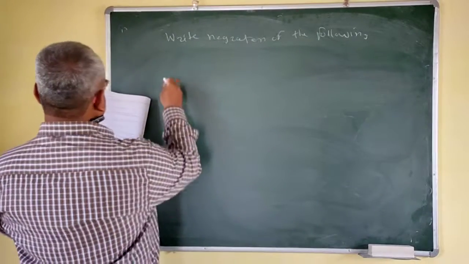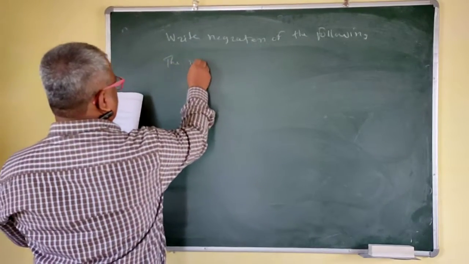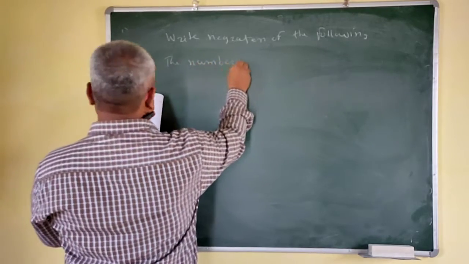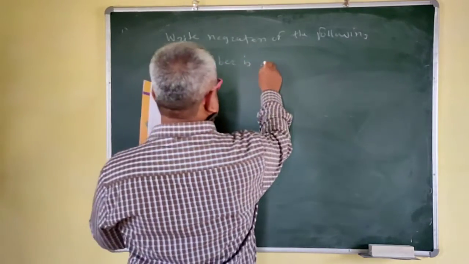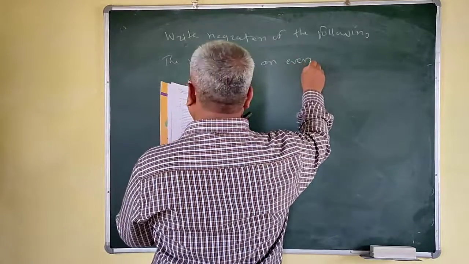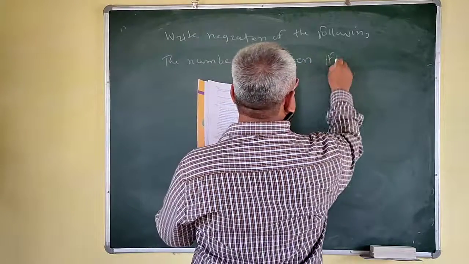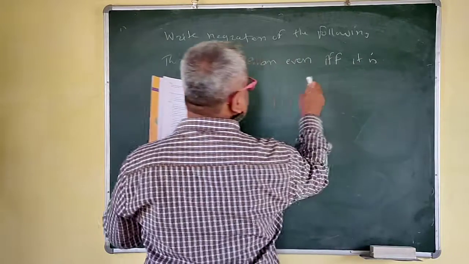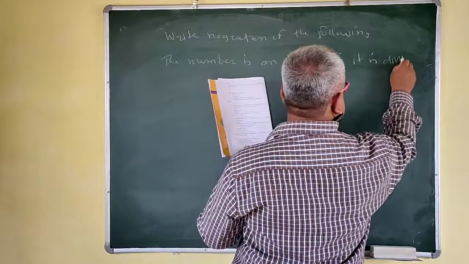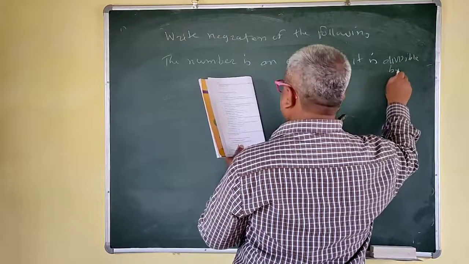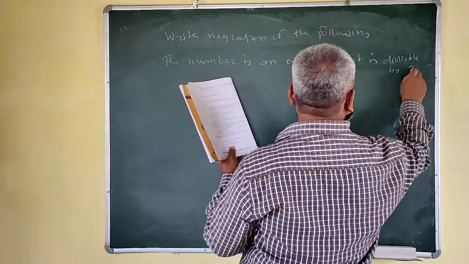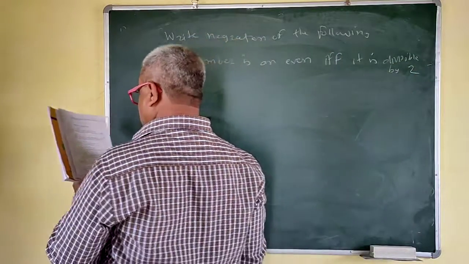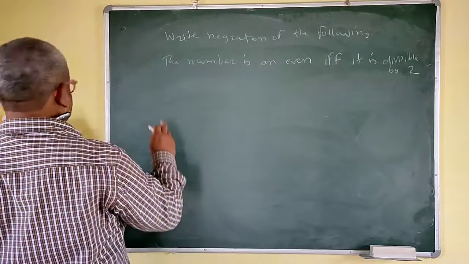Next, the number is even if and only if it is divisible by 2. So what is here?